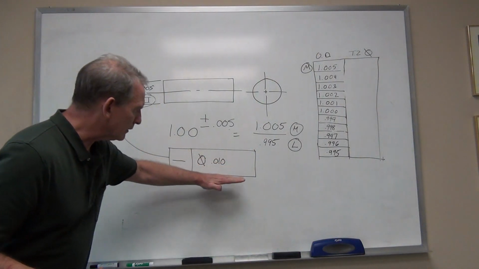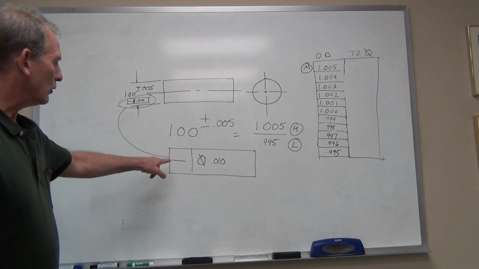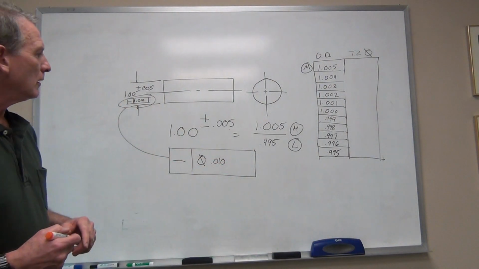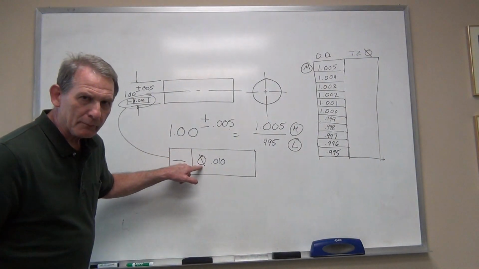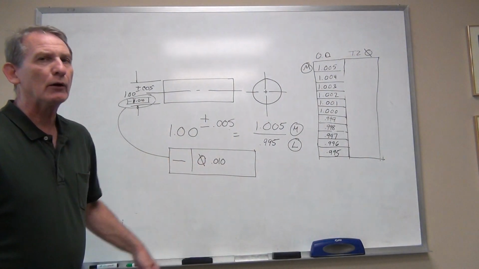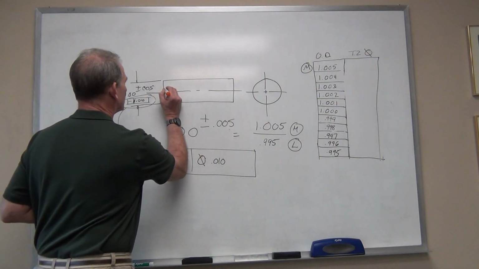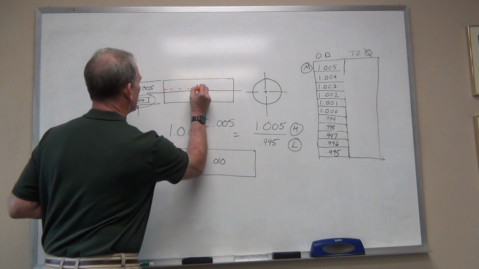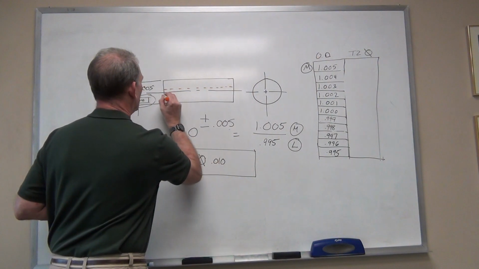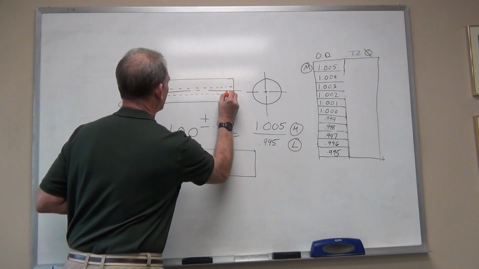Okay, so let's look at this feature control frame. We know that we're controlling the straightness. We know that there is a diametral tolerance zone of 10 thousandths that is controlling that straightness. So we have a tolerance zone about the center line of that shaft.